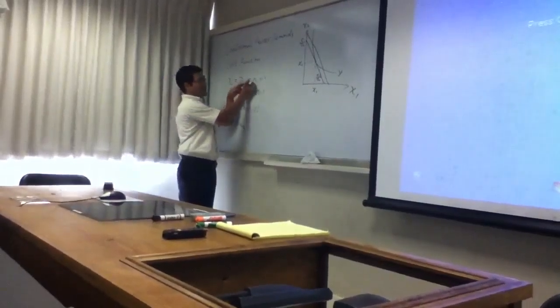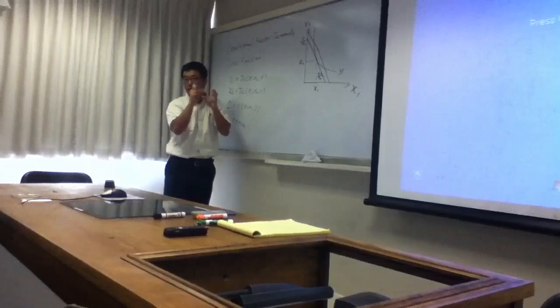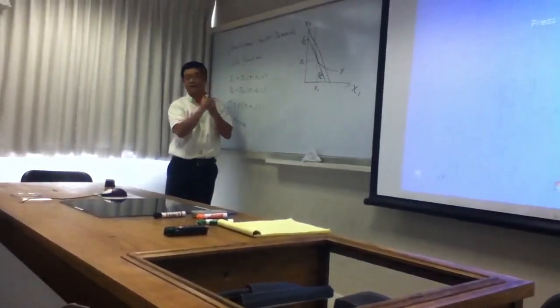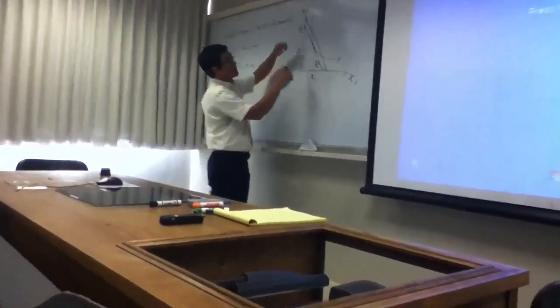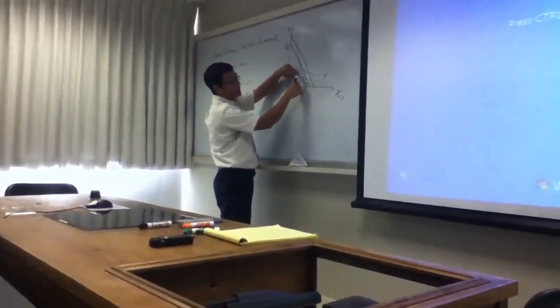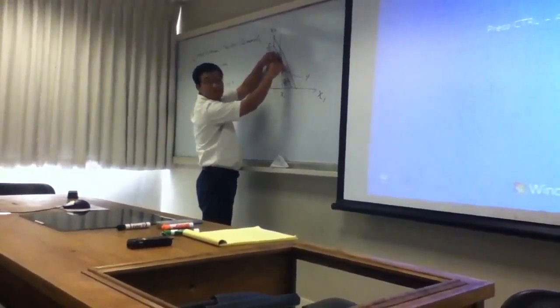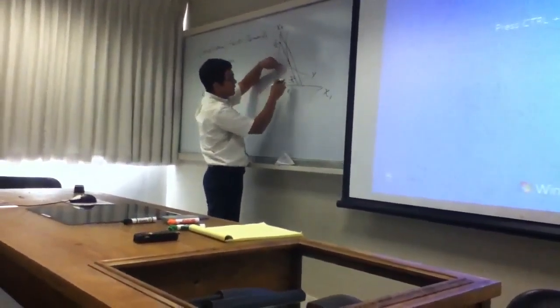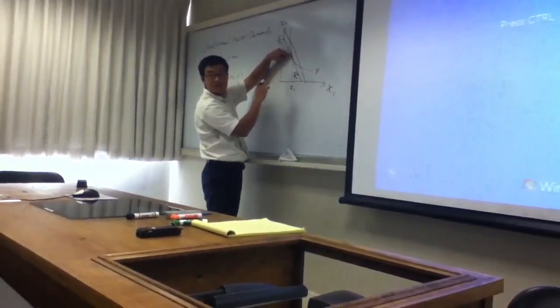For each set of values for r1, r2, y, you can get a combination of x1 and x2. Let me use an example. Suppose r1 increases a little bit. The slope of the iso-cost line is going to increase, correct? So both x1 and x2 are going to move a little bit in this direction.